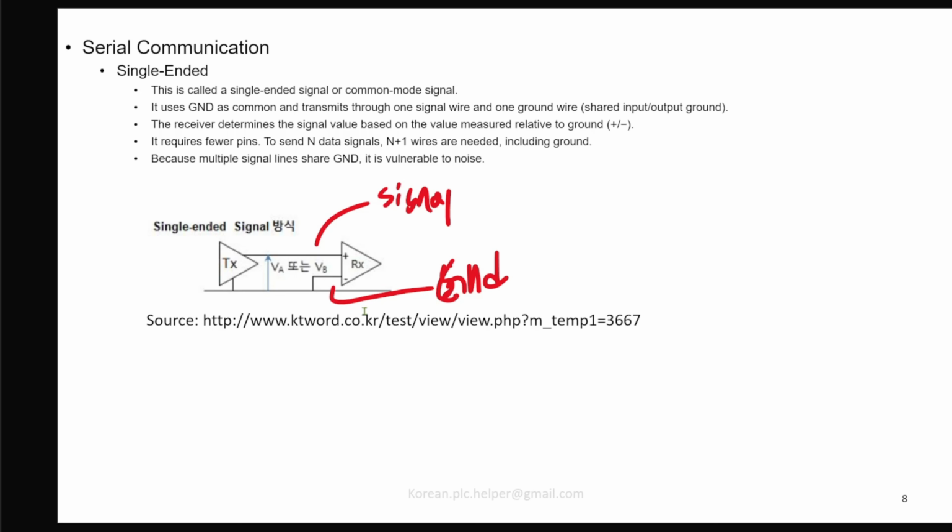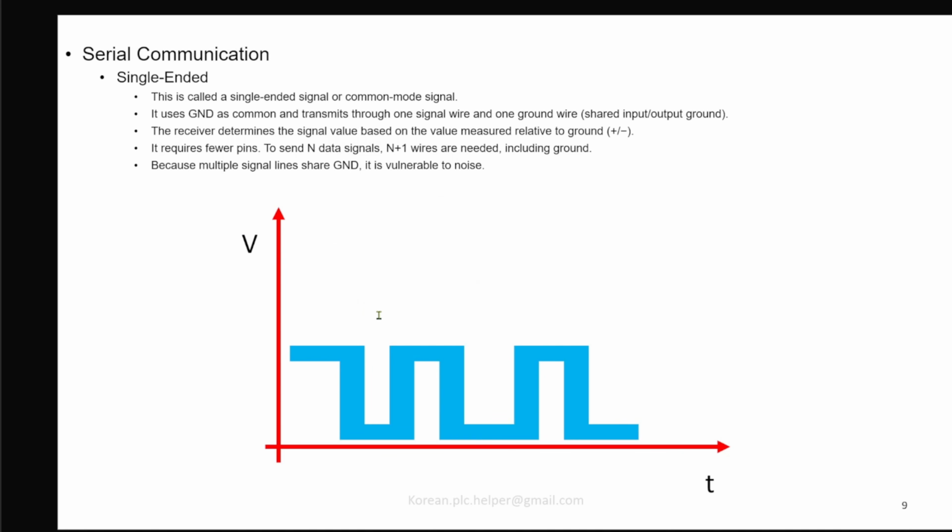Let's look at the waveform. Serial communication ultimately uses digital signals. In other words, the signal repeatedly switches between on and off status. When external noise enters the digital signal line, it can change the signal voltage. Let me add noise to this waveform.